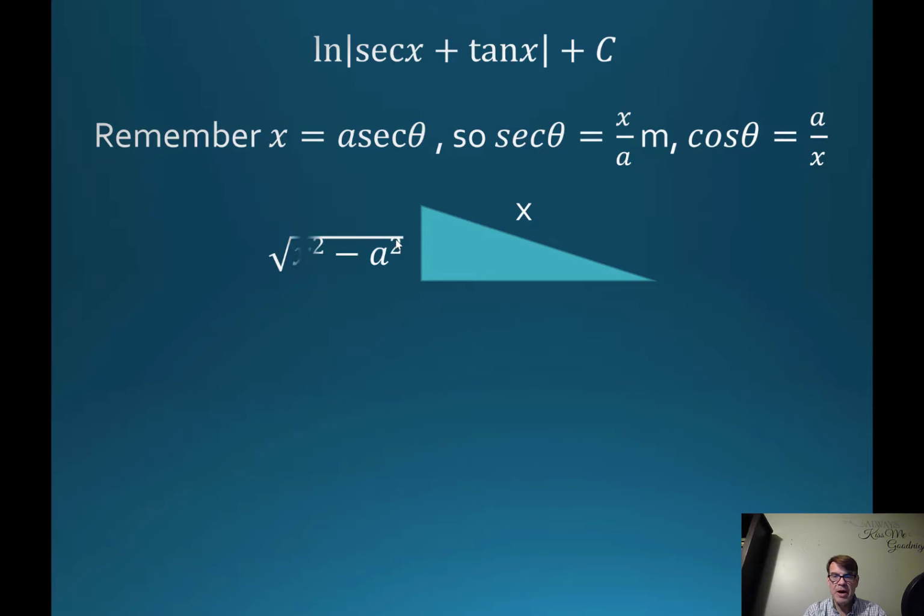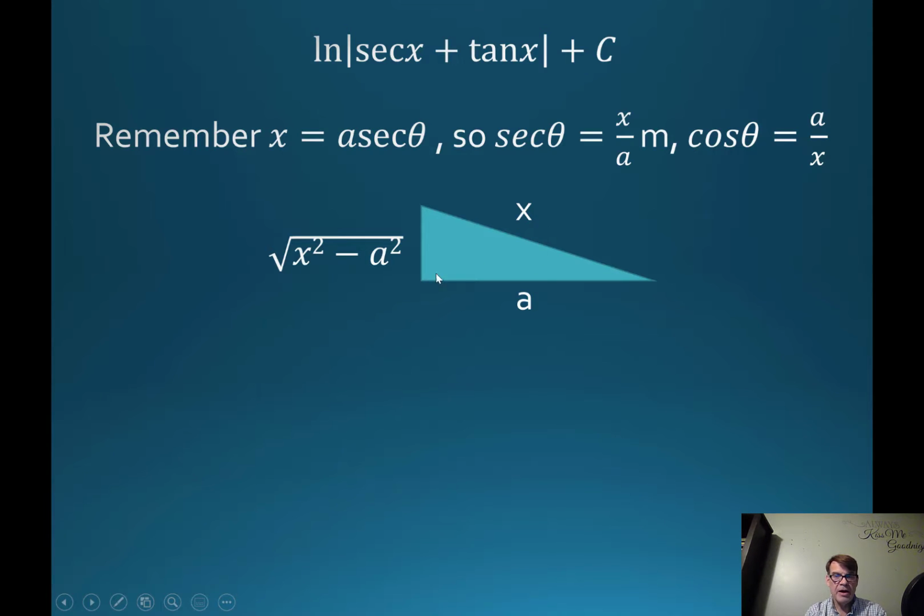So if x is the hypotenuse, then the cosine of theta is the adjacent over the hypotenuse, a over x. So the cosine of theta is a over x, right? So what is a squared plus b squared equals c squared? What then would be the opposite side? Well, a squared plus whatever squared equals x squared.